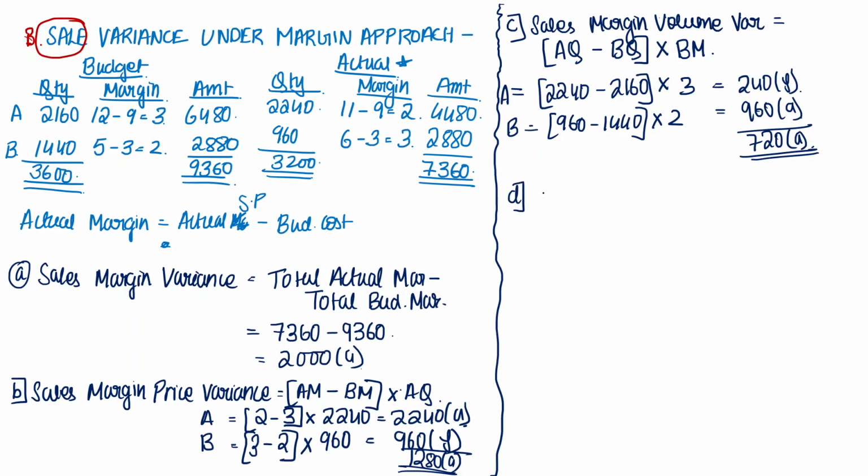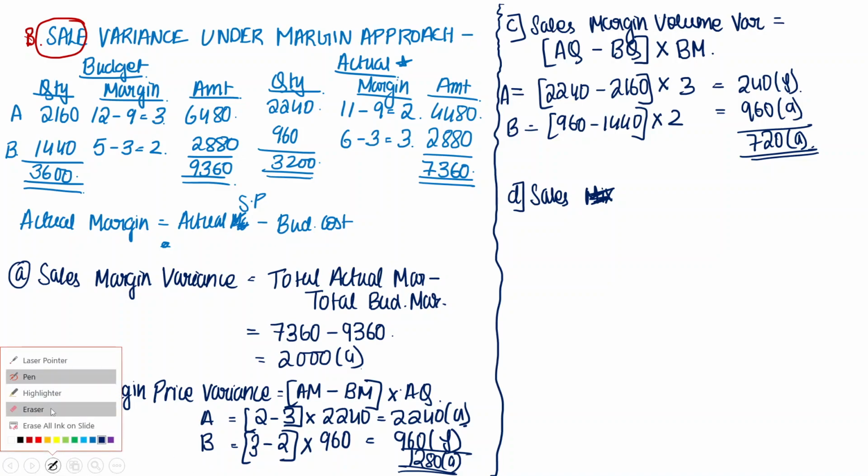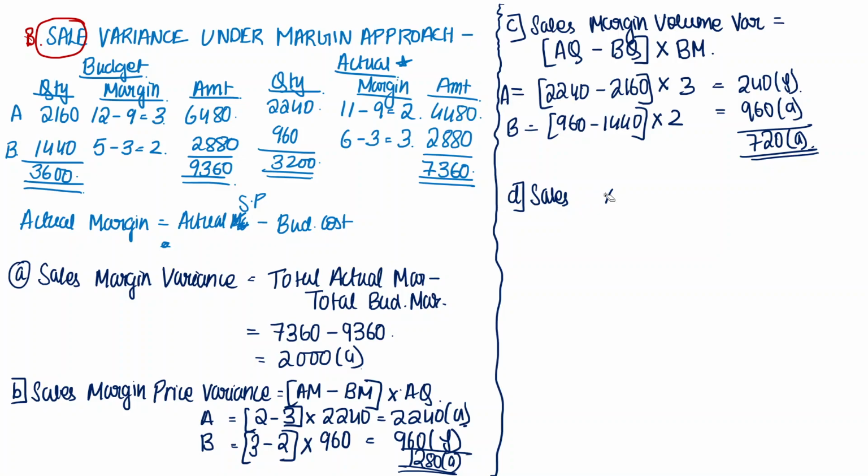Last variance, sales mix variance. Do I again need to calculate the revised standard quantity? The calculation would be the same, yes or no?